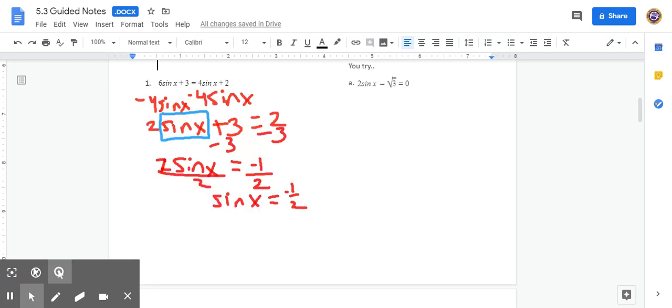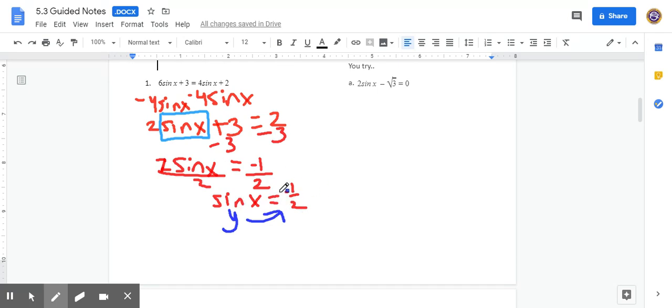Once you get to this point, this is where you then go to the unit circle. If you think about sine on the unit circle, sine goes with y. So we're looking for a y value that is negative 1/2, and whatever that angle measure is will be our x value.